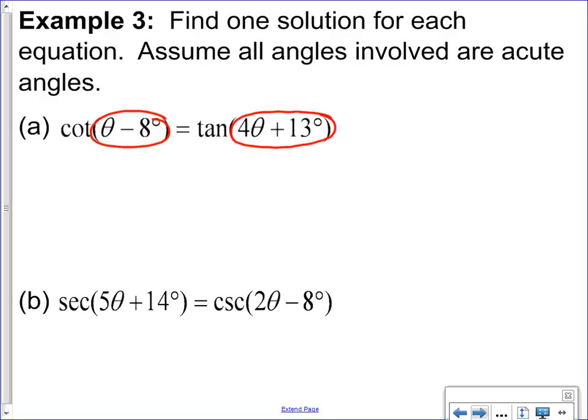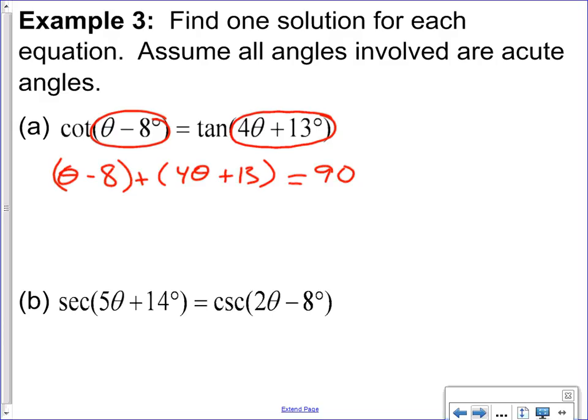That's how you set up this problem. So theta minus 8 plus 4 theta plus 13 needs to equal 90 in order for this to be true.